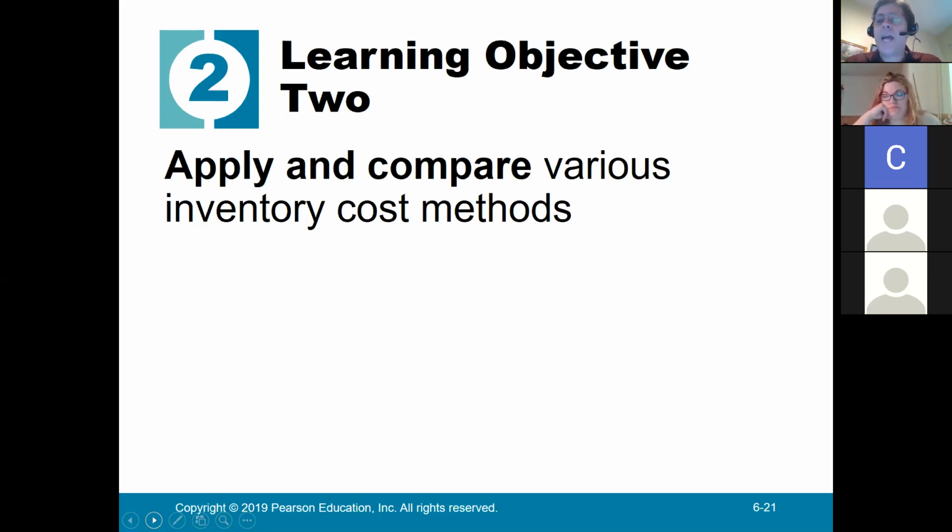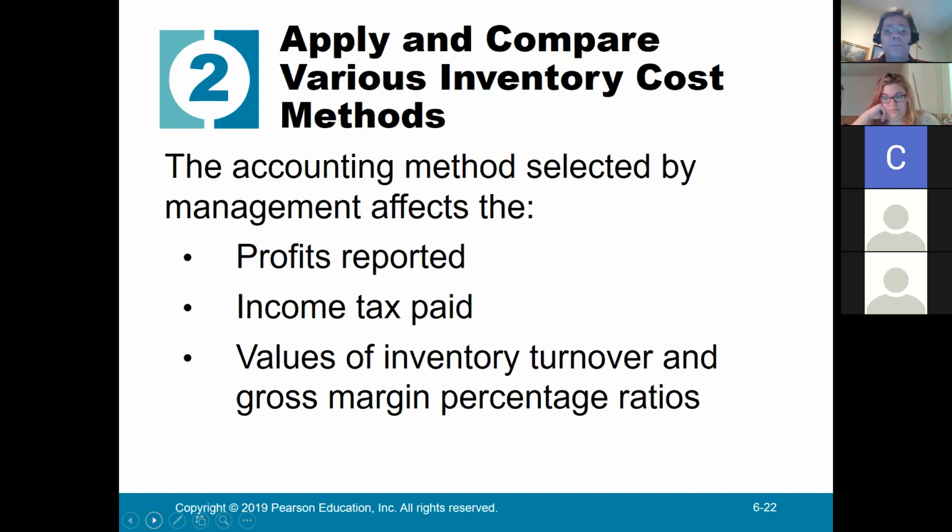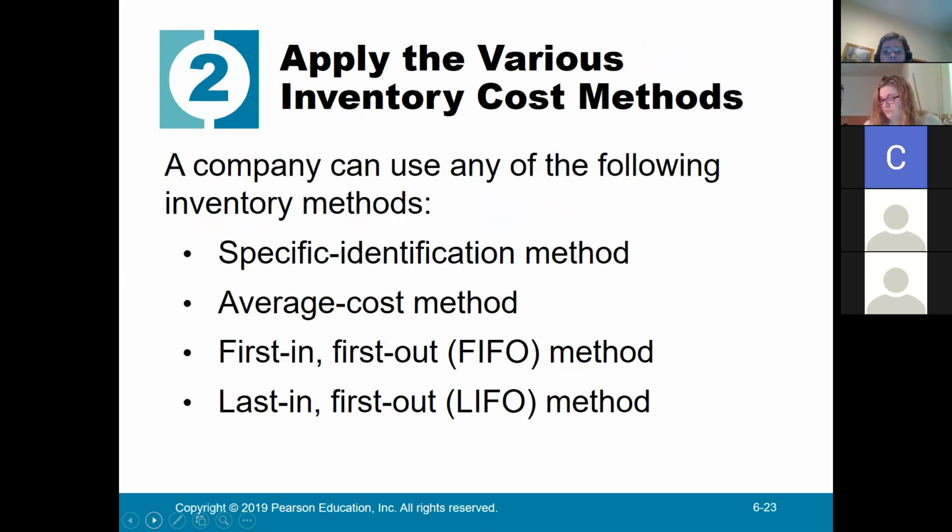If you sold 20 items, you still have to account for 20 items, whatever cost assumption you make. It has no impact on that part of it. Okay, but it does affect how much profit, again, income tax paid, and some of our ratios. But again, only when prices or costs of our inventory are changing.